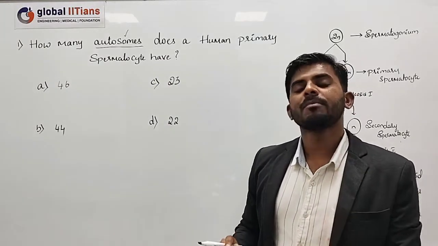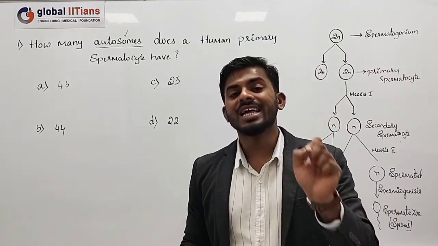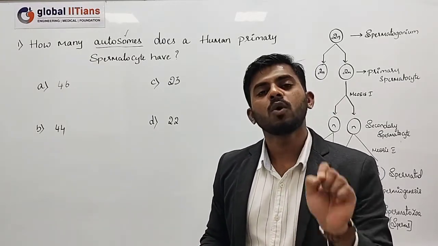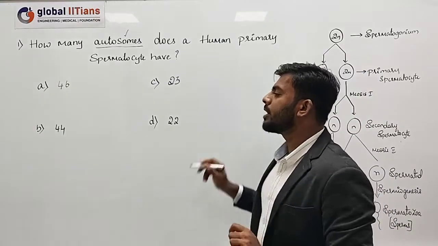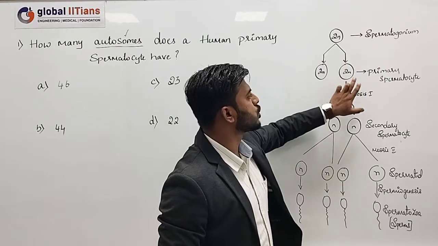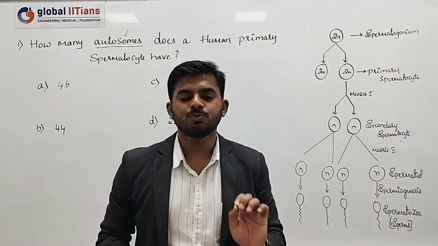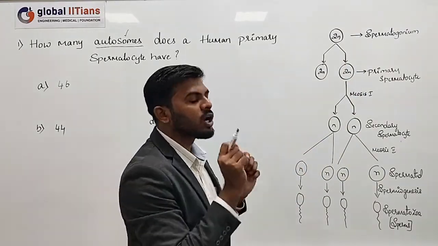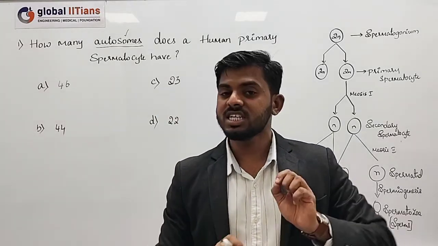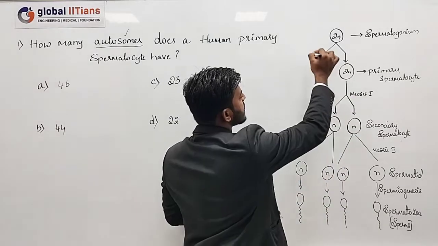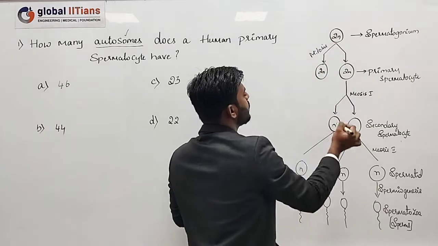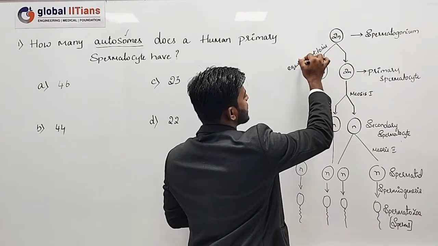Now we look into the human primary spermatocyte. The human primary spermatocyte is actually the result of mitosis seen from the spermatogonium. So the spermatogonium undergoes mitotic division, and as a result of mitotic division, it results in the primary spermatocyte. Now here, what will be the ploidy maintained? What will be the chromosomal number maintained? That is important. Since it's undergoing mitotic cell division, of course, it's going to be an equational cell division.